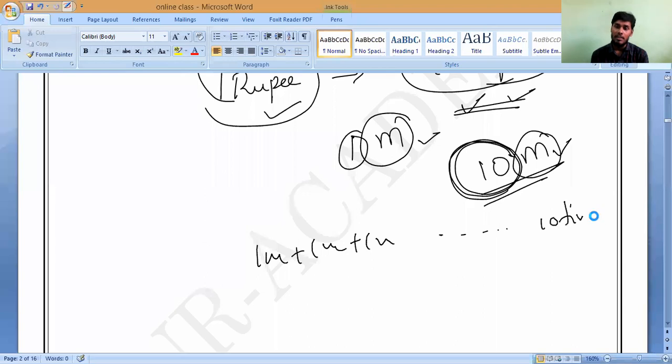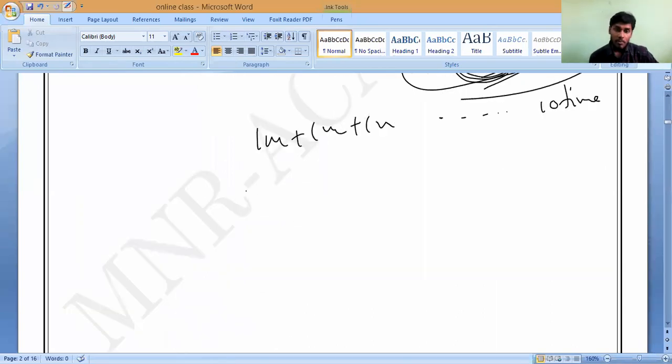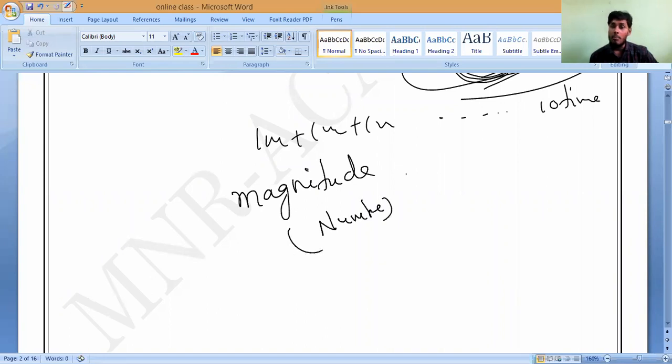This is what we call 10 meters. So always remember, the magnitude, the number, indicates the number of times we are considering the same unit.